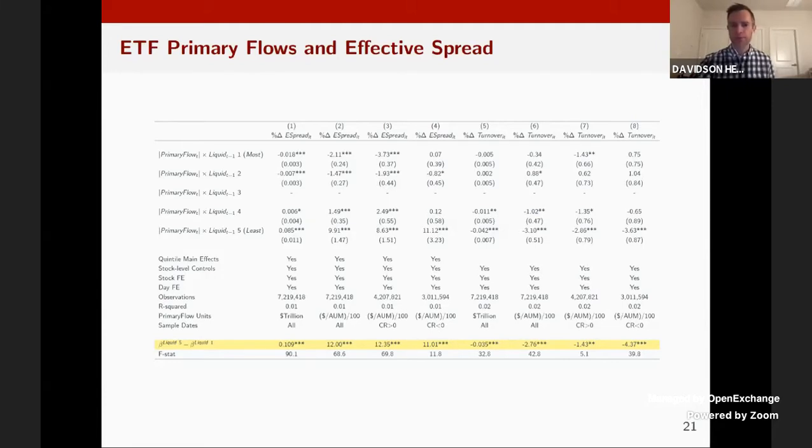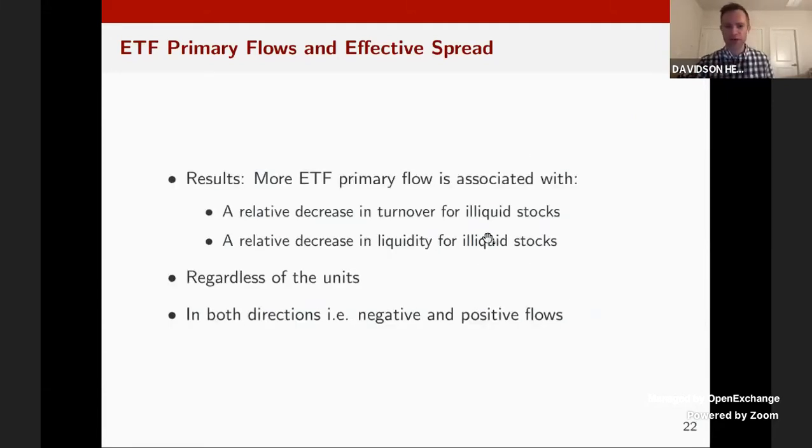So more ETF primary flow on a daily basis is associated, in both directions and regardless of how you scale it, with a relative drop in turnover and liquidity in the most illiquid stocks in the market, just like the broad graphs that we showed at the start.